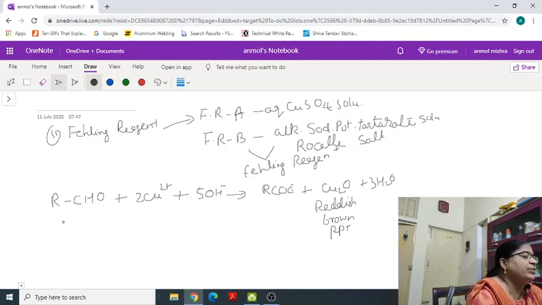Now, aromatic aldehydes do not give this test.